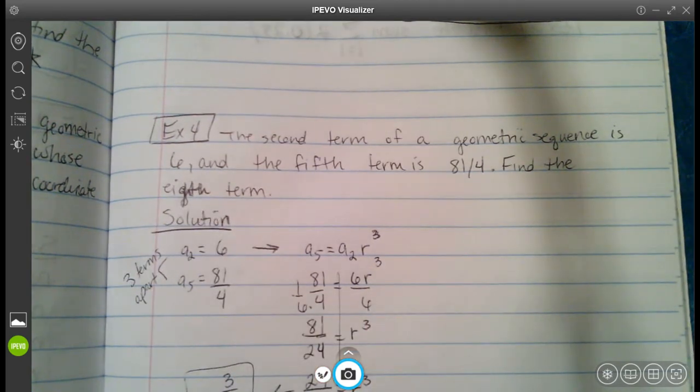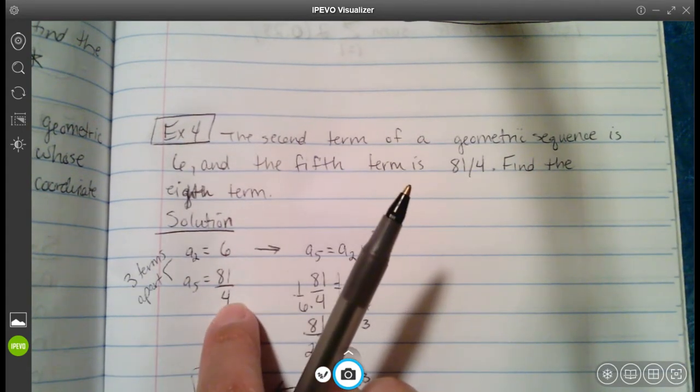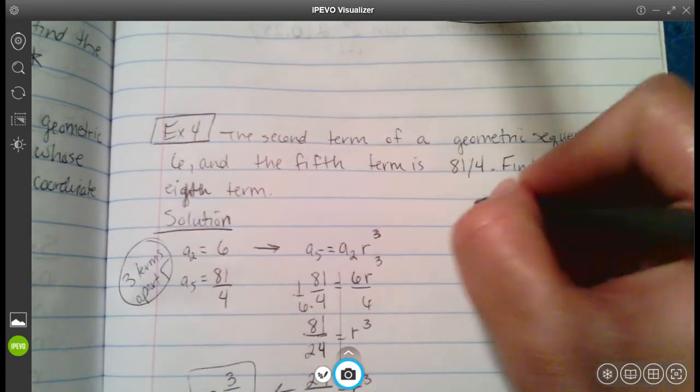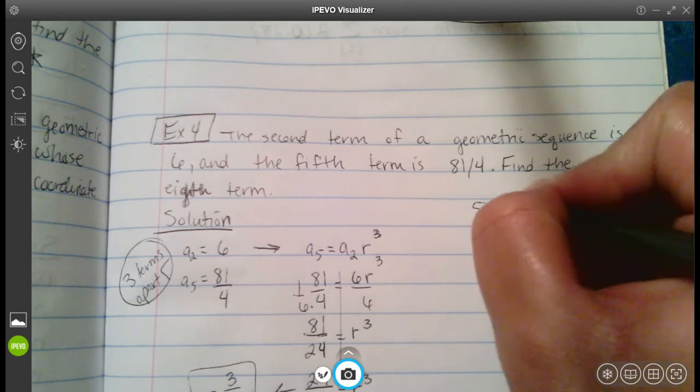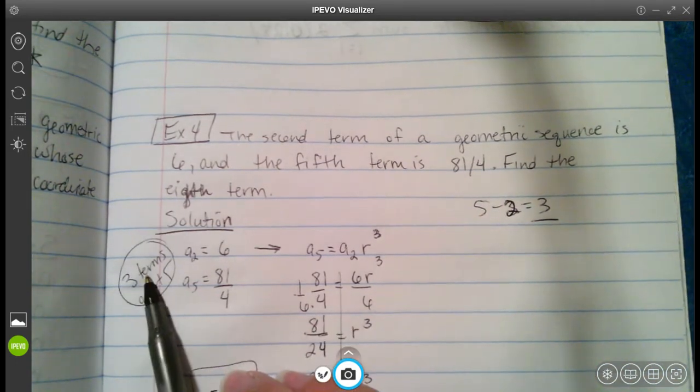For something like this, you kind of have to think a little bit because we don't have the actual sequence. But we do know that the second term is 6 and the fifth term is 81 over 4. And these are 3 terms apart from each other because 5 minus 2 is equal to 3.